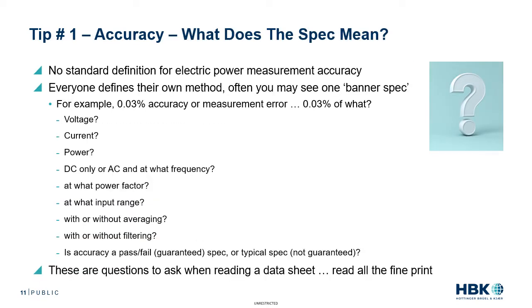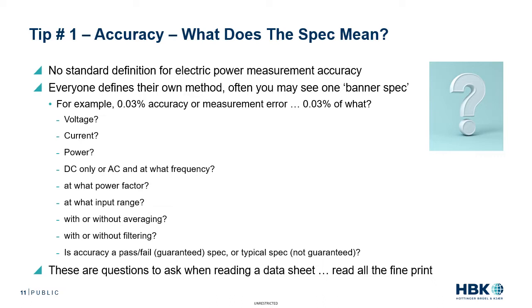Well, as it turns out, there's no standard definition for electric power measurement accuracy. In fact, every manufacturer defines their own method, and often you may see one banner spec, for example, 0.03% accuracy or measurement error. But then you need to ask yourself, 0.03% of what? Of voltage, current, power, DC only, or AC, and at what frequency?